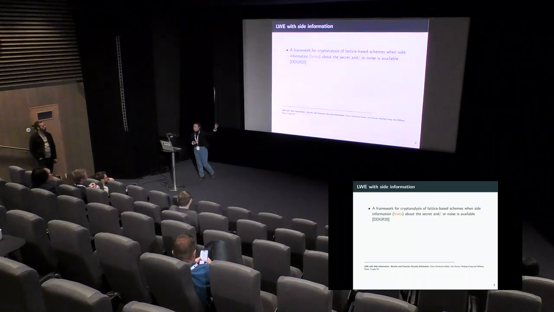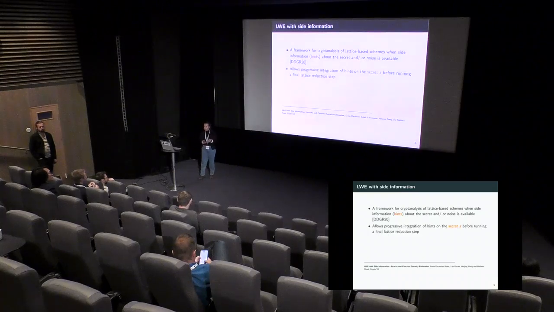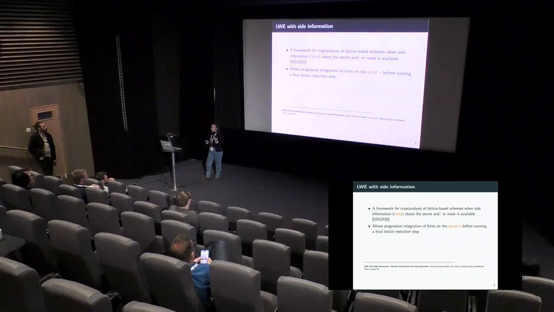They use the terminology of hints in that paper, and we're going to use that terminology as well. In particular, this framework allows you to progressively integrate hints on the secret and error LWE vector before running a final lattice reduction step.